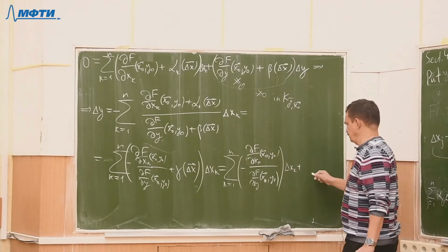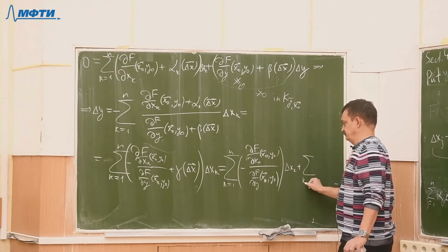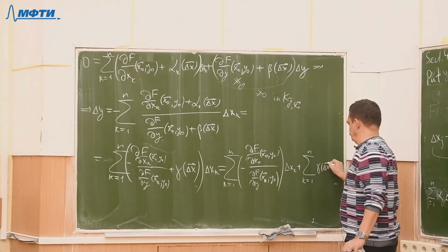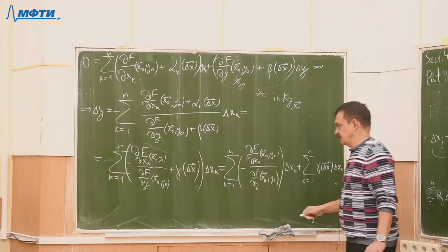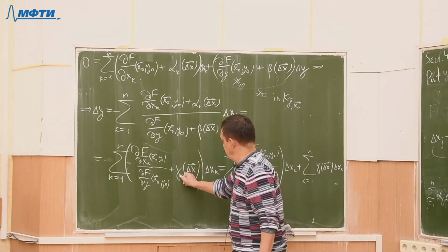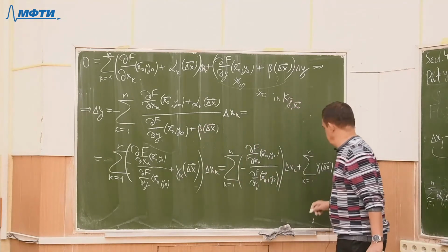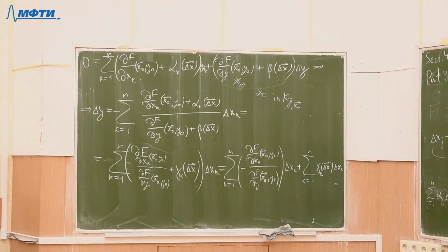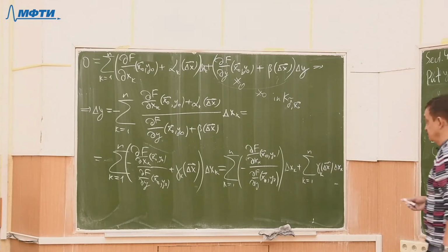Okay, let me write it here. Gamma of delta x times delta x, gamma k, let it be here, gamma k. The index should be included also, right? For every term, it's its own function. So now you see, look, what happens?